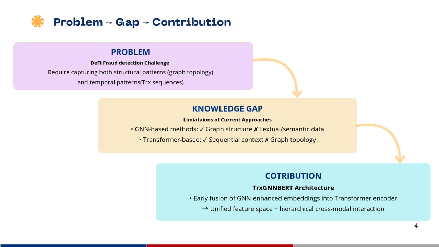The limitation of current approaches is that they use either GNN-based or transformer-based methods, which fail at capturing either graph topology or transaction temporal patterns. So this paper proposed the TrxGNNBERT architecture, which uses early fusion of GNN-enhanced embeddings into a transformer encoder.